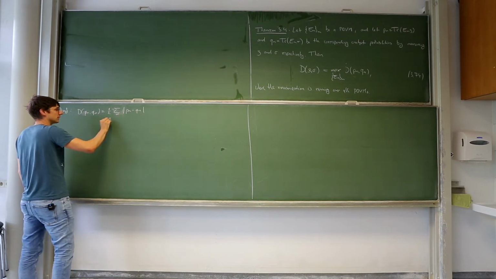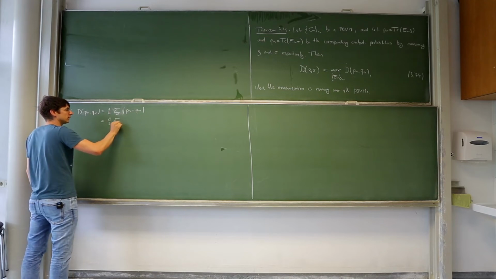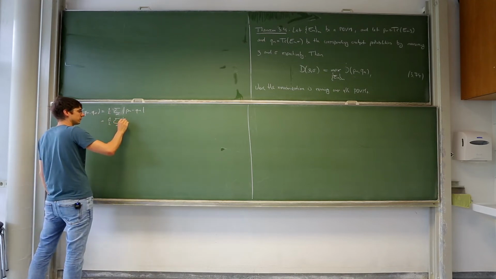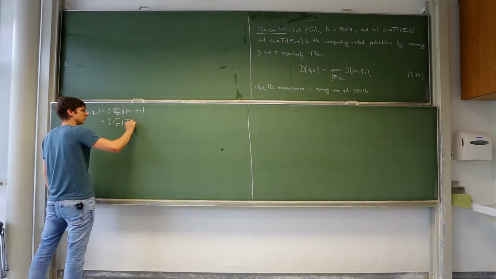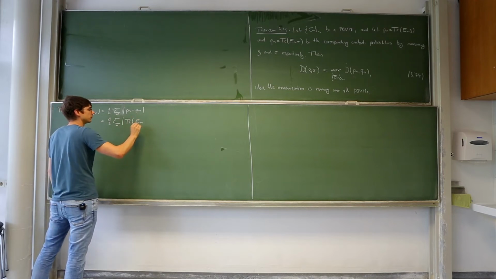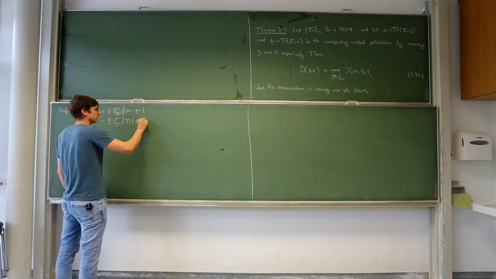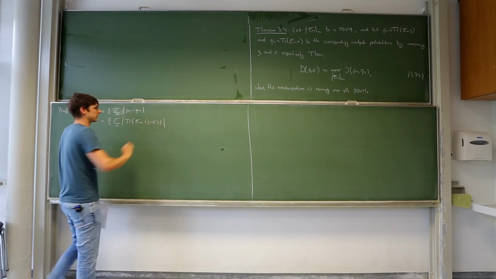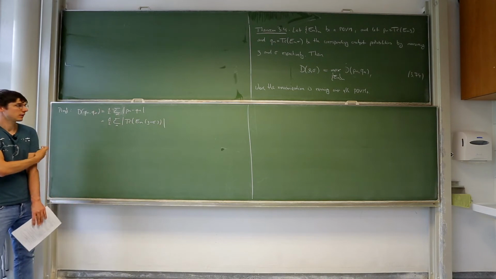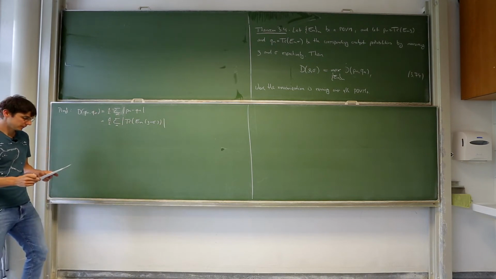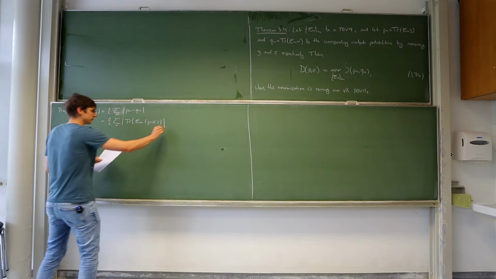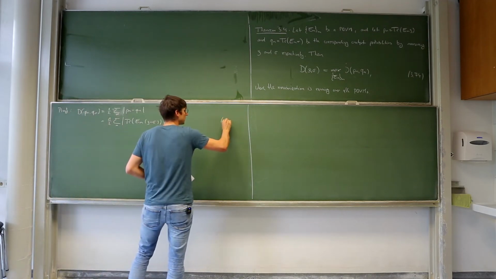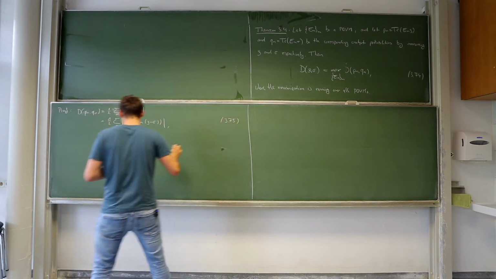Okay, now let's plug in the expression for the probabilities. So we have the trace of Em times rho minus sigma. This is how we calculate the probabilities. And this is 3.75.